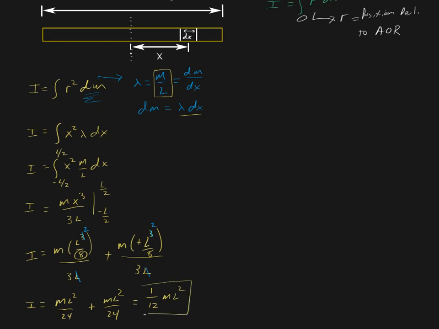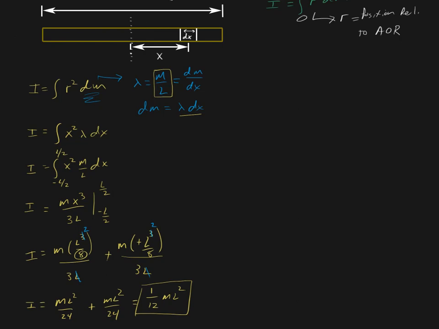So we've actually shown what we set out to show, and that is that the moment of inertia for a long thin rod where the axis of rotation goes through the center of mass is going to be equal to 1/12 ml squared.